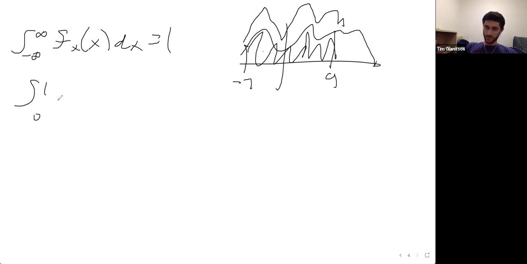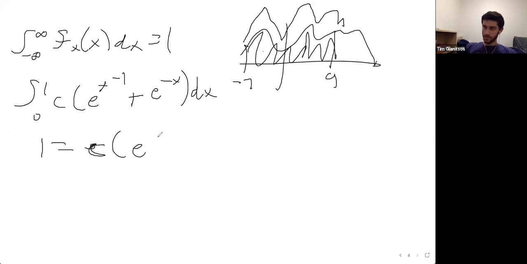So we're just going to have the integral from 0 to 1 of c times (e^x minus 1, plus e to the negative x) dx. And if you actually do this integration, you'll end up with 1 equals c times (e to the 1 minus 1, e to the negative 1, minus e to the 0 minus 1, minus e to the negative 0).